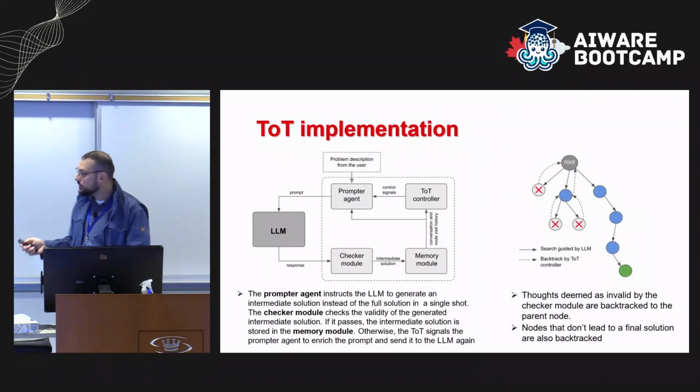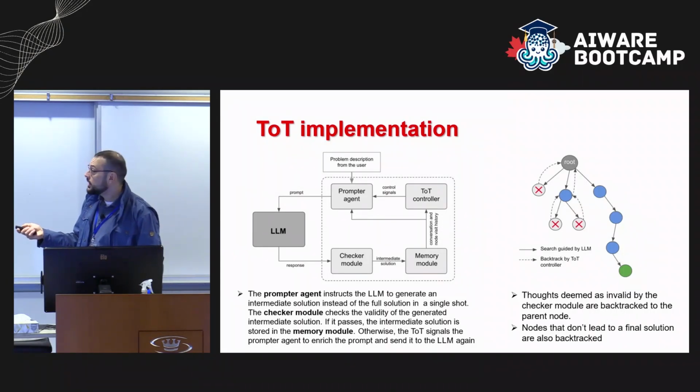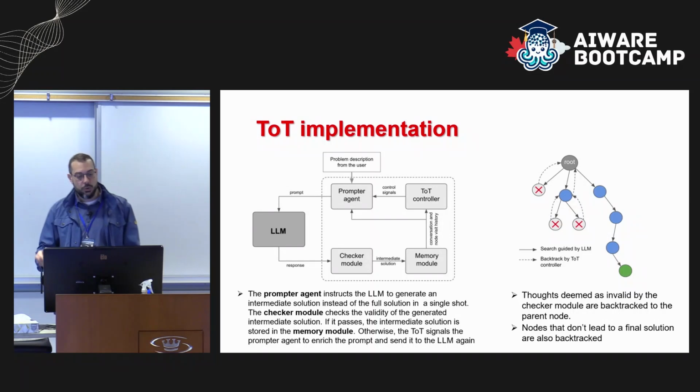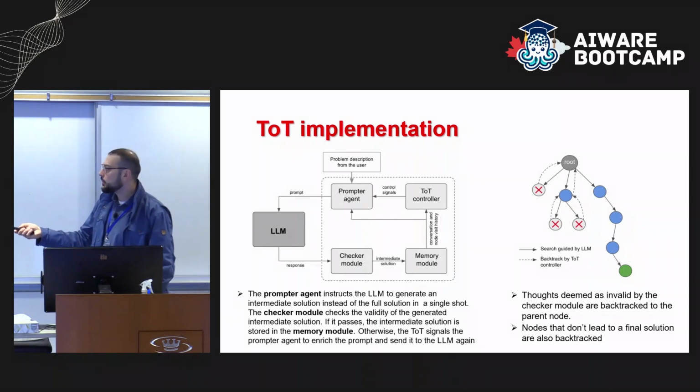Let me start with the right-hand side figure. I just want to illustrate what this is. Each node here is a thought, a decomposed thought. And sometimes, during the evaluation, you say, okay, this thought here is not very promising, so we'll backtrack and then explore another one.